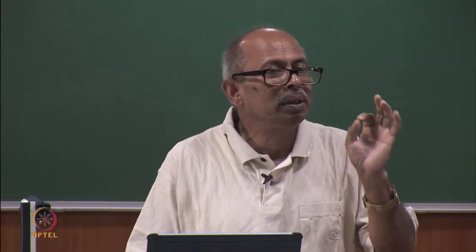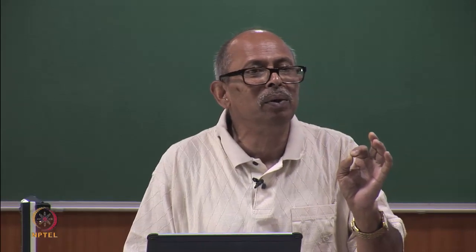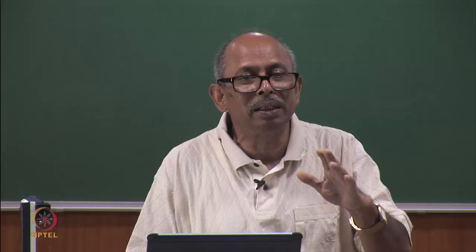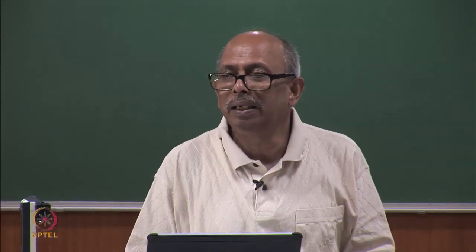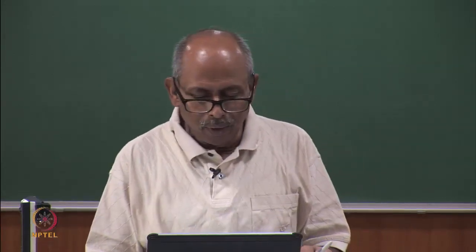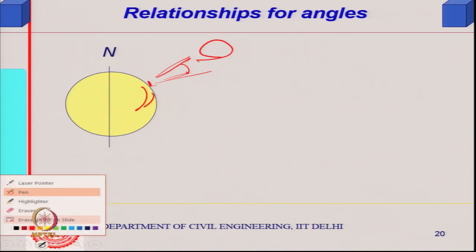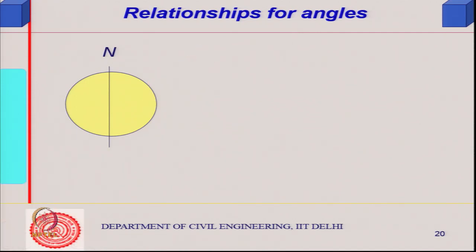At 12 noon, zenith angle equals latitude minus declination. So, altitude is 90 minus latitude and declination. Is this point clear? If not, let me explain it again. This is my geographical north direction, this is my equatorial plane, and the sun's ray comes like this. This is declination, there is no confusion on this.